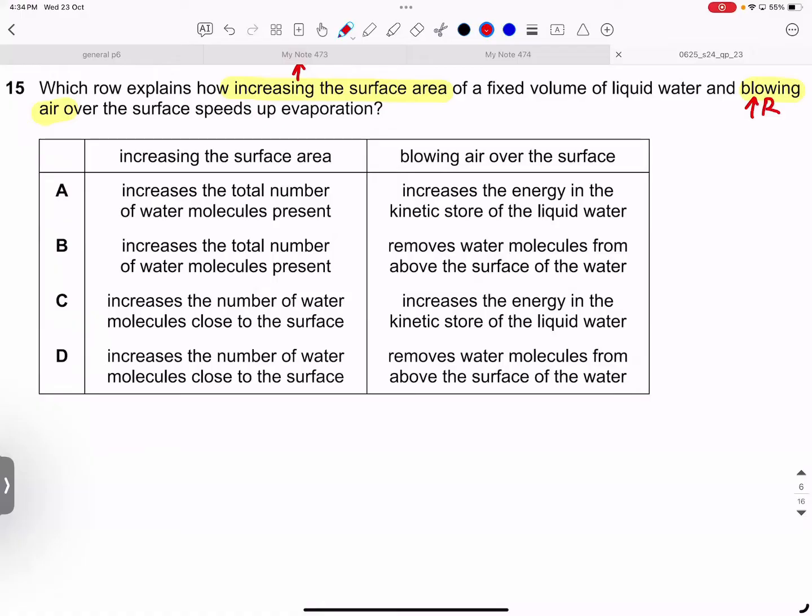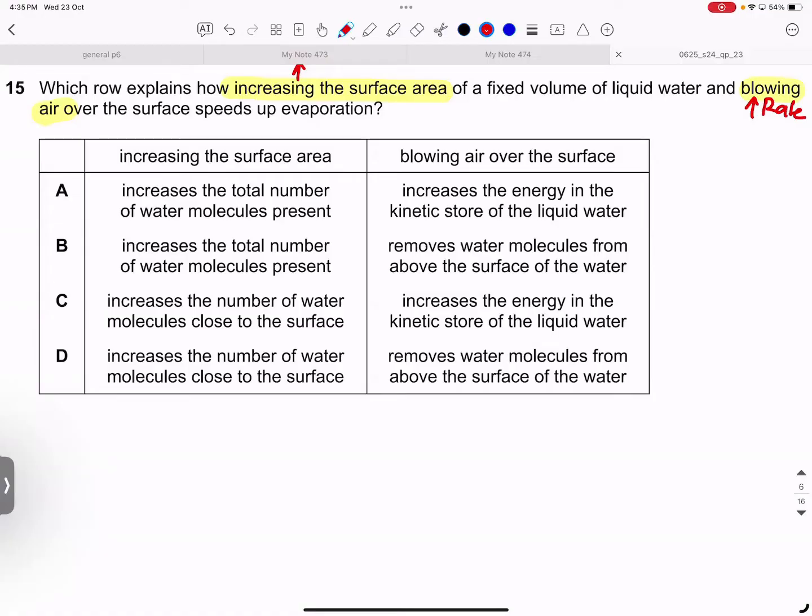In both cases, the rate of evaporation will increase. So, increasing the surface area increases the total number of water molecules present? No. It causes the total number of water molecules to leave the surface.